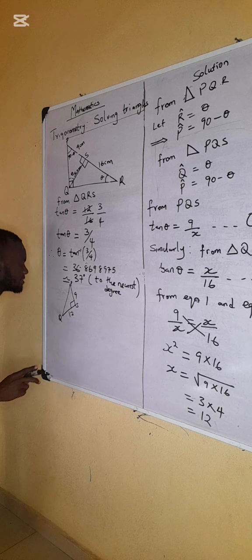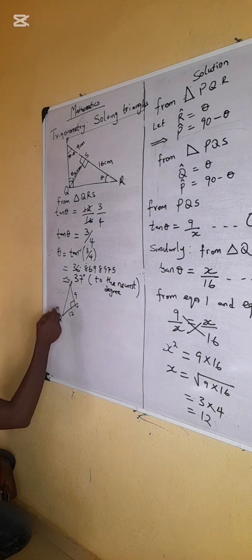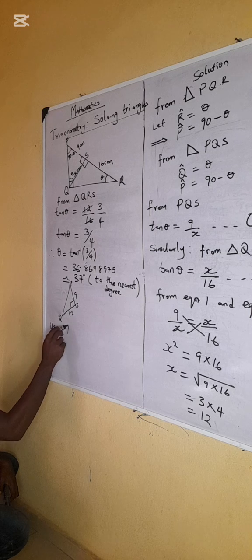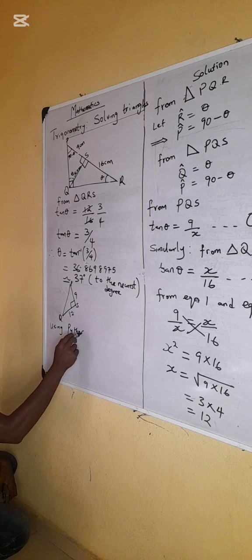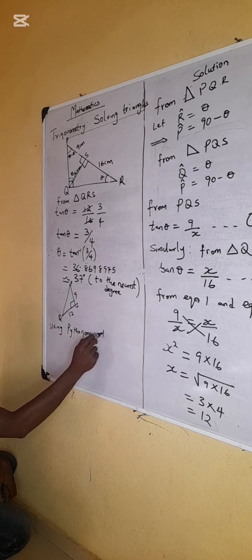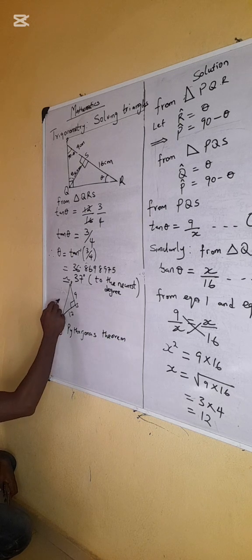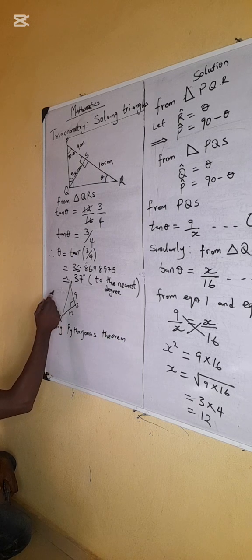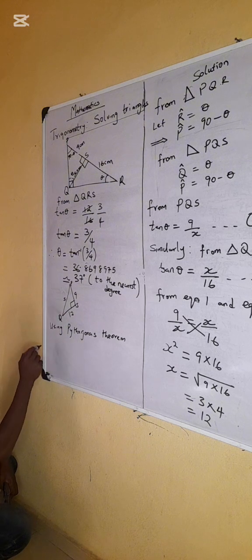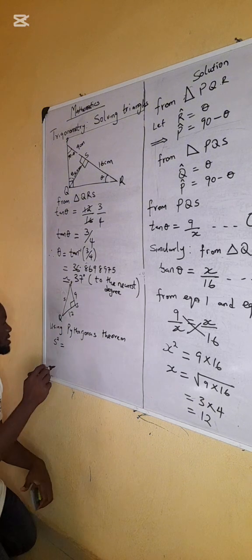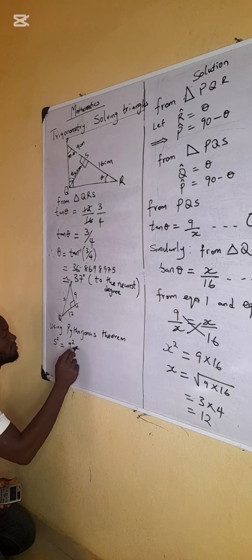Using Pythagoras theorem, conventionally, let's say x squared is equal to 9 squared plus 12 squared.